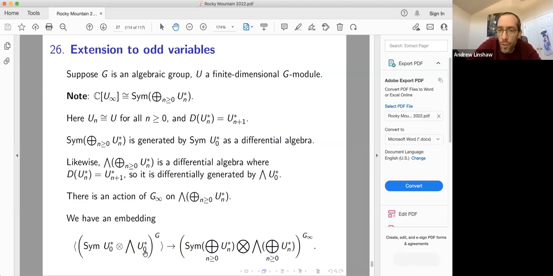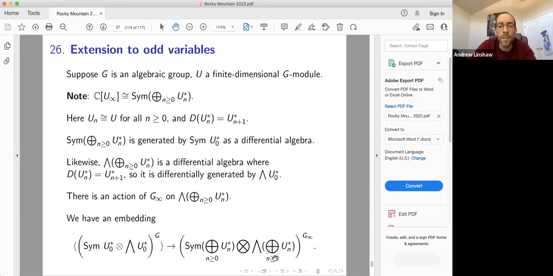So the stuff that has no derivatives, the G invariant subalgebra will map into this. And then these brackets mean, in this notation, the differential algebra generated by this subalgebra. So this may not be everything, but this stuff with no derivatives, G invariant lives in here, and then all the algebra generated by the derivatives lives in here as well. So I have a map. This is some embedding.